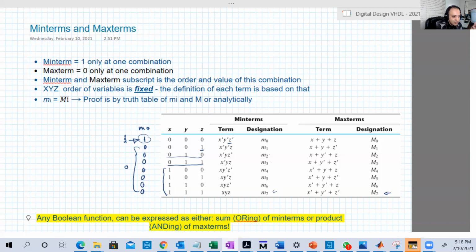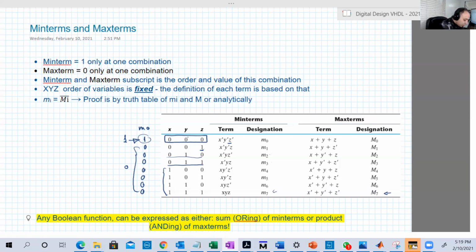Because this term will be one only when x is 0, y is 0, z is 0. That's why m0 corresponds to this combination 0, 0, 0, because at 0, 0, 0, x bar, y bar, z bar will be 1.